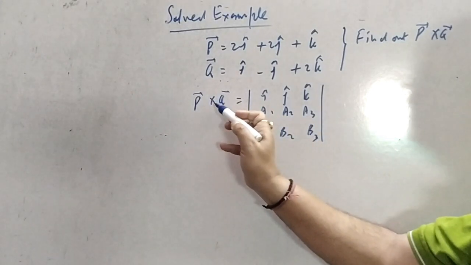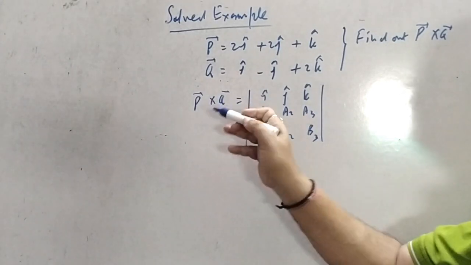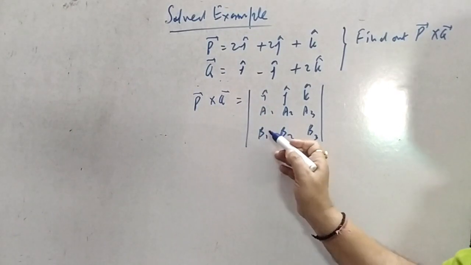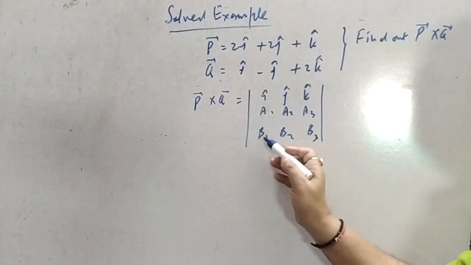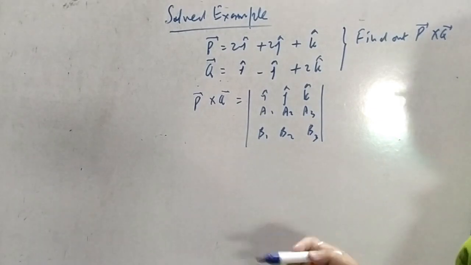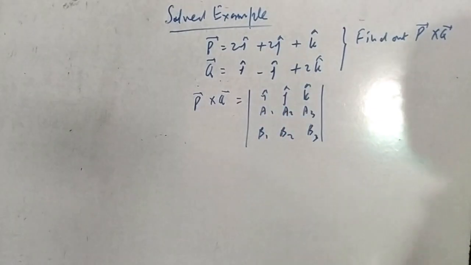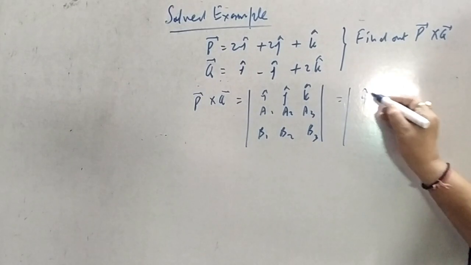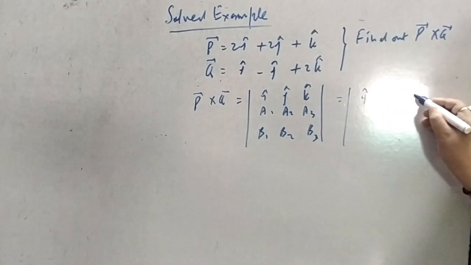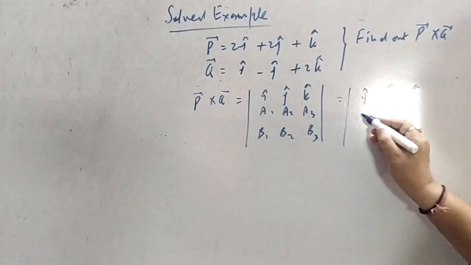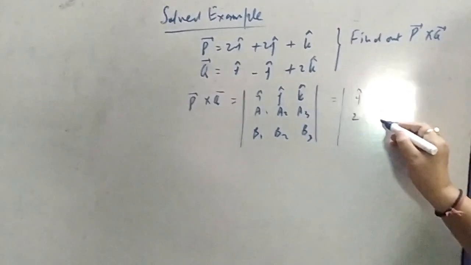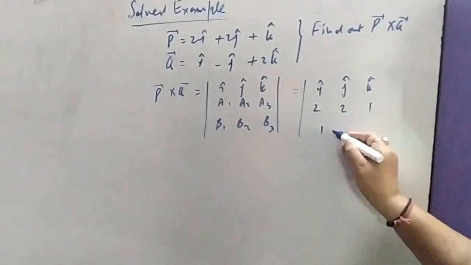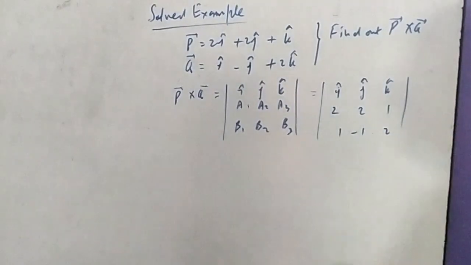If we have p cross q then we write like this. If we write just q cross p then we have to write b1 b2 b3 first, then a1 a2 a3. Anyway, for this I am solving. Now we write i j k and then 2 2 1, 1 minus 1 2.